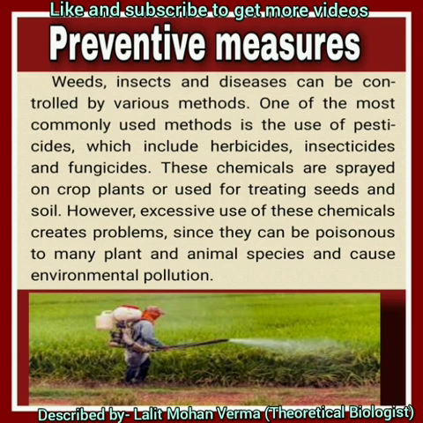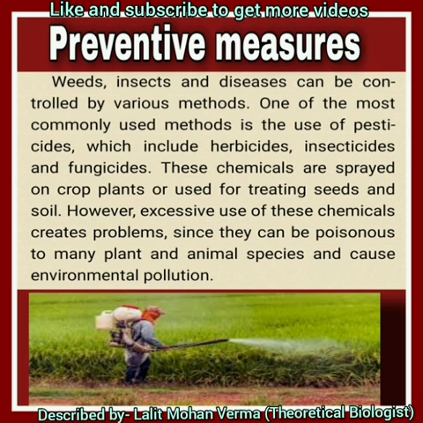So how can we use some preventive measures? Actually, we should use resistant varieties of crops. The crops should be sown in their optimum time of sowing. We should adopt clean cultivation. The field should be plowed during summer season to destroy weeds and pests.